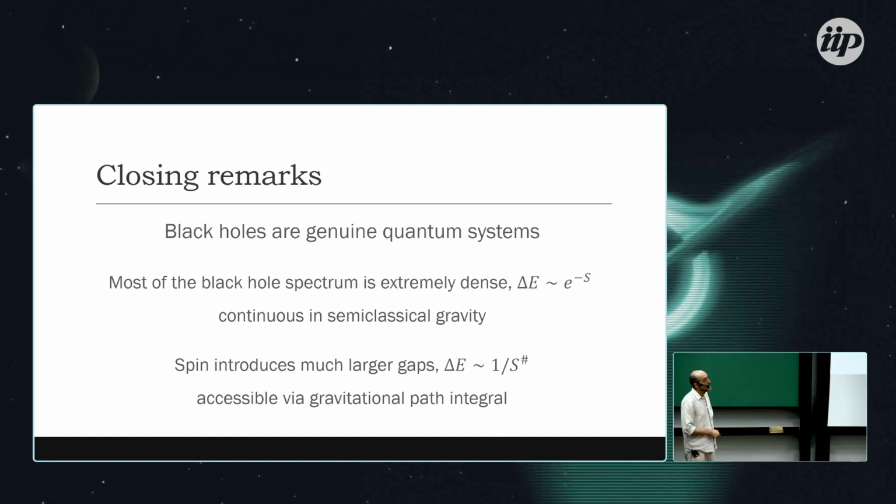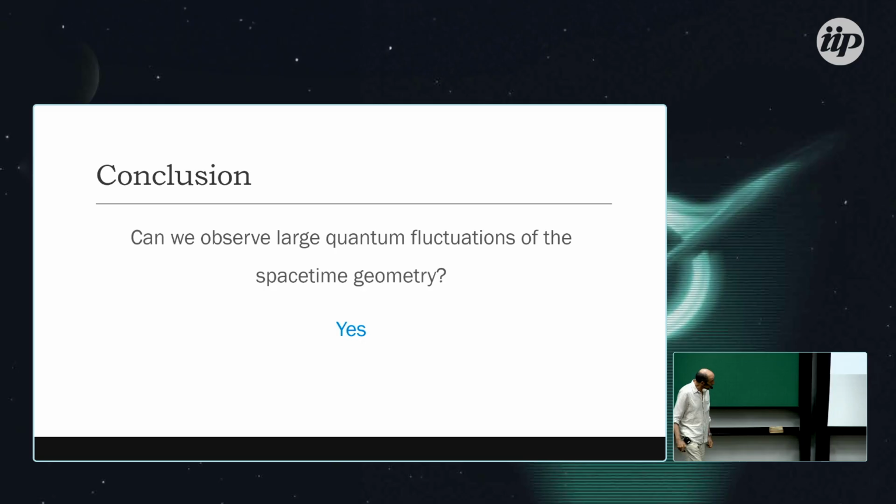It is continuous. But the nice thing here is that you have effects coming from spin that introduce much larger gaps. Gaps that are not exponentially small, but go like inverse powers of the entropy. And this is much larger. And these are the ones that we can study using techniques like the gravitational path integral.